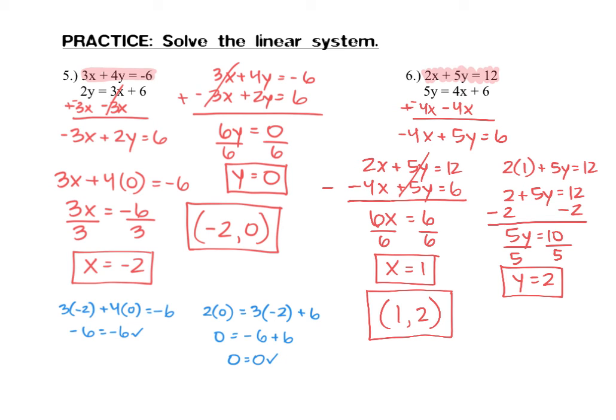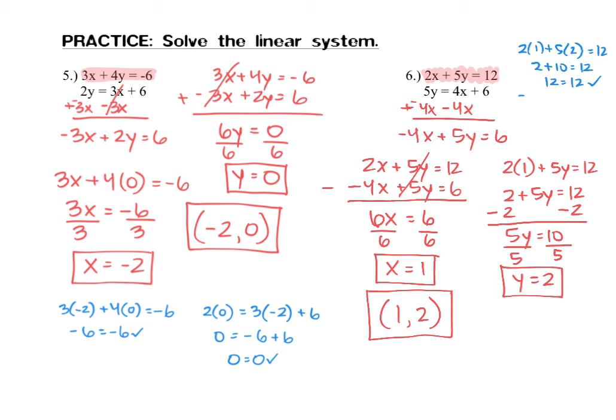All right, and again, I always like to do a quick check, so I'm going to do mine up at the top here. In the first equation, I'd have 2 times 1 plus 5 times 2 equals 12, and I see that's 2 plus 10. So, yep, that one's good.